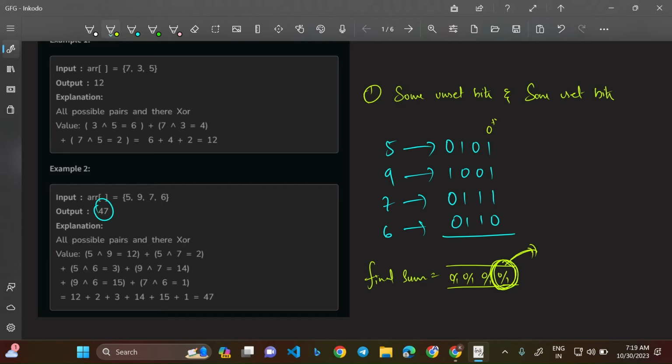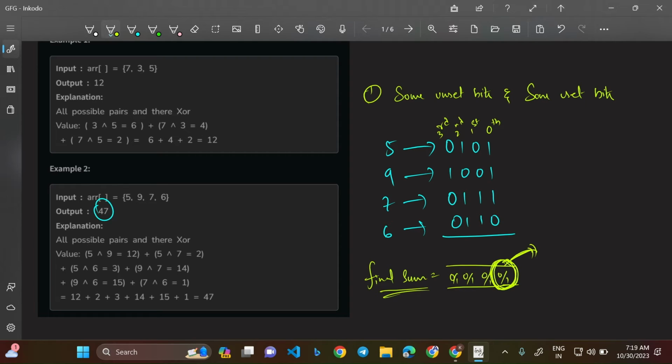So let us assume this is the 0th index, this is the first index, this is the second index, this is the third index. If the final sum has some 0 or 1 at the 0th index, we have no idea about it.